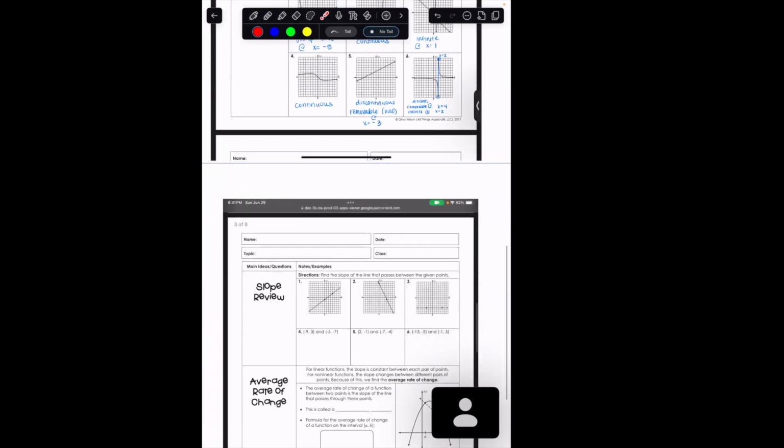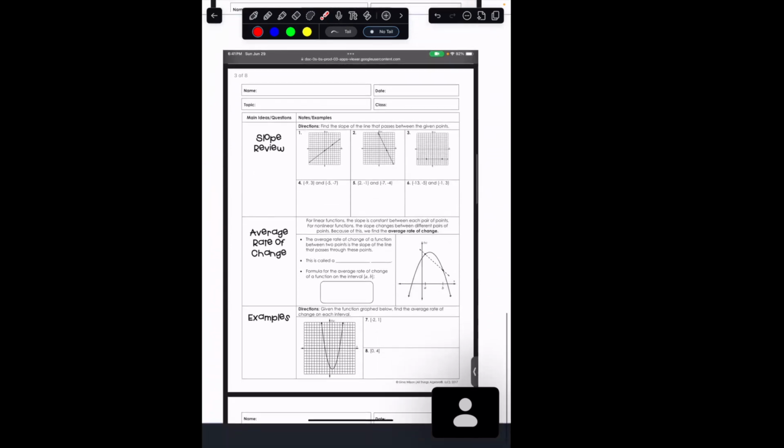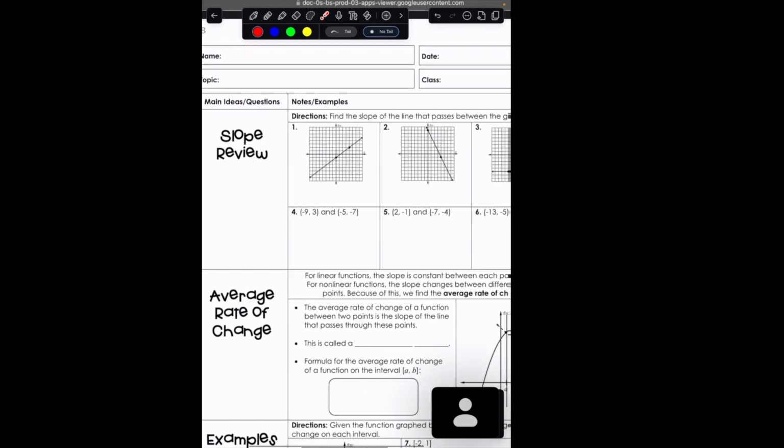All right, perfect. So we're gonna hit a little bit into slope. So I'm just gonna do 1 on this first section, and then I'll do the others too. Because we hit a lot more into average rate of change than we do slope, even though they're the same thing.